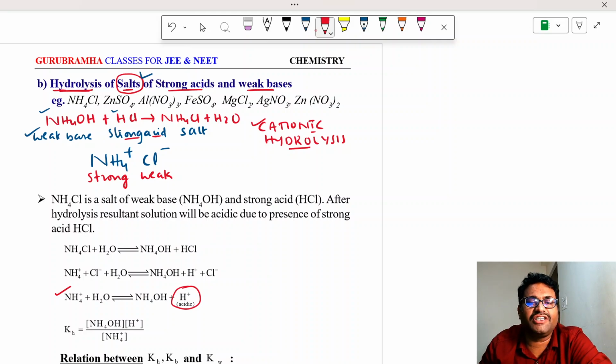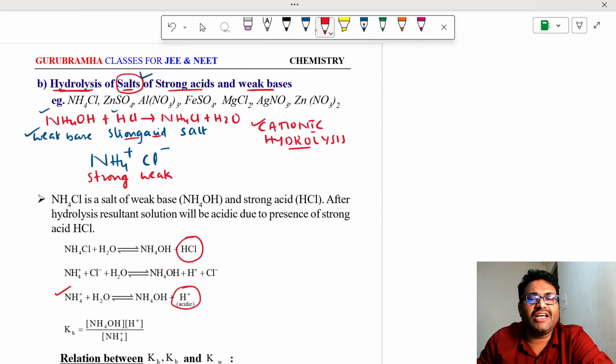It results in an acidic nature, because when the cation reacts with water, H+ is released. Strong acid is released. That is the reason why this hydrolysis results in an acidic solution.